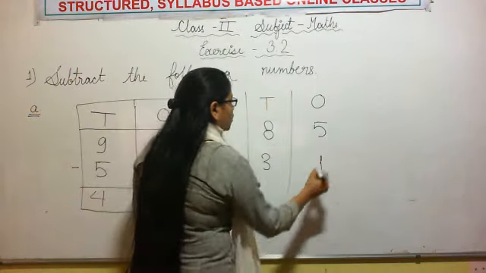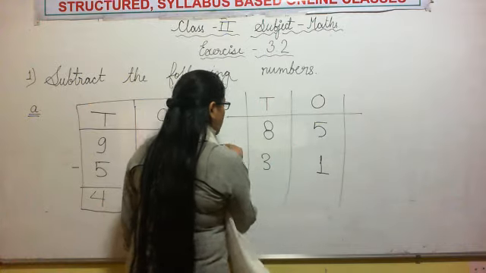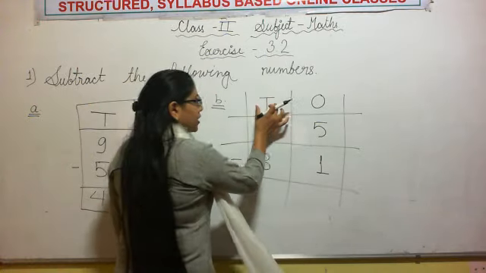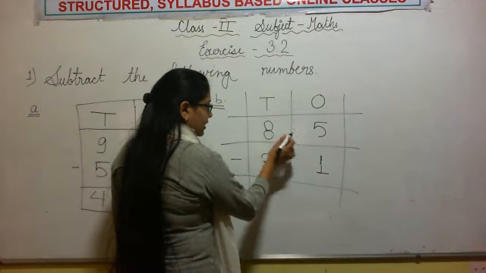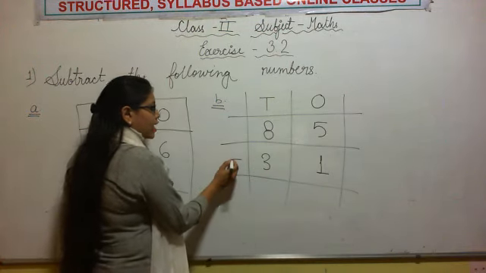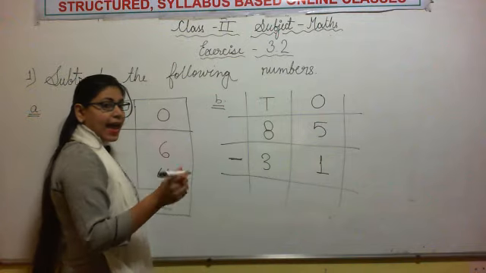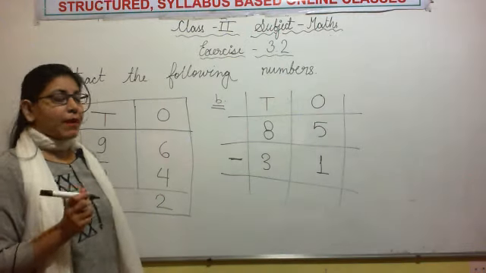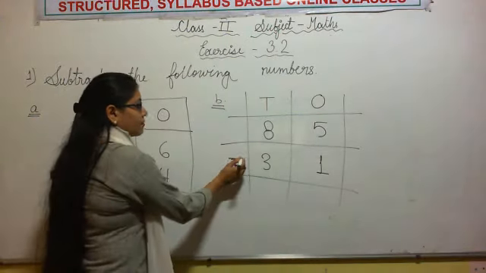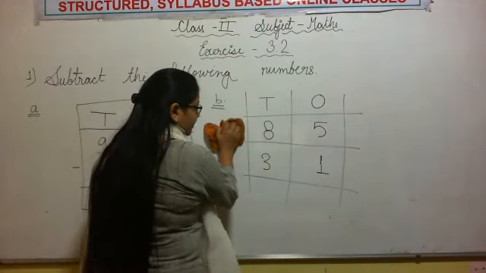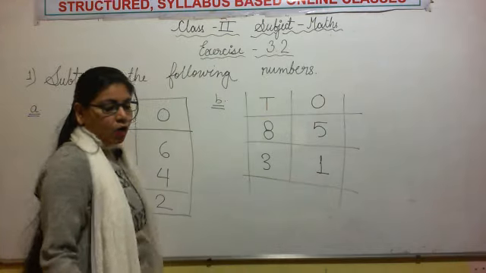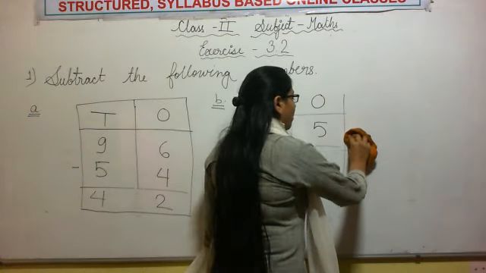If this is your box copy, you will write tens and ones in different boxes. You will write tens below tens, ones below ones, and you will put this minus sign in a different box. Once again I am reminding you, this minus sign should be in a different box. Okay. Now make the table with the help of a scale.